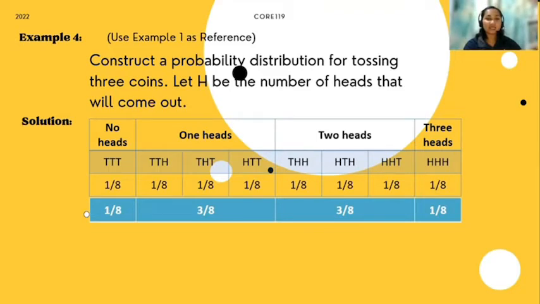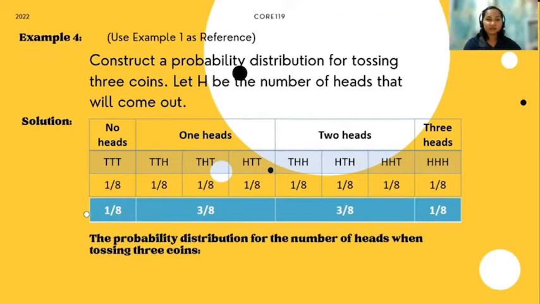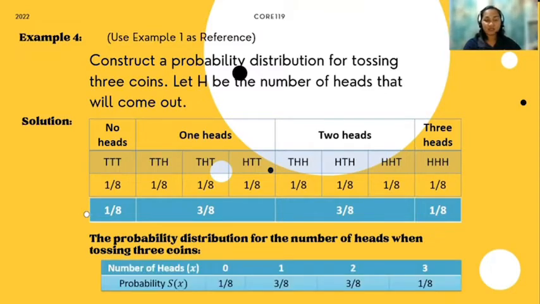Given the table presented here, we can now construct the probability distribution. Your tabular representation can be in horizontal or vertical form. In this case, we decided to use the horizontal form of the table. So we have the number of heads, with assigned values 0, 1, 2, and 3.